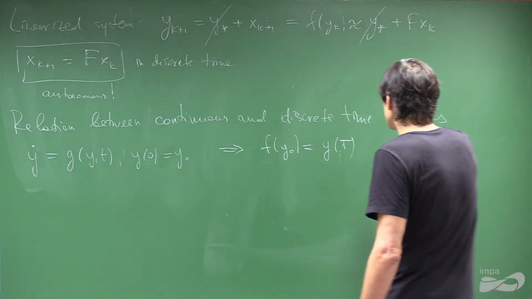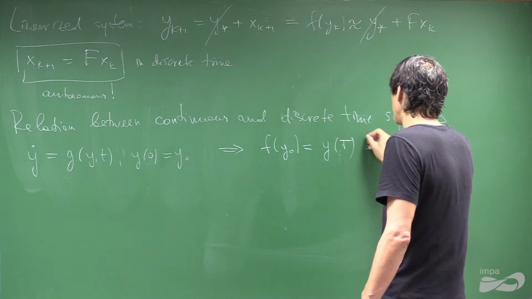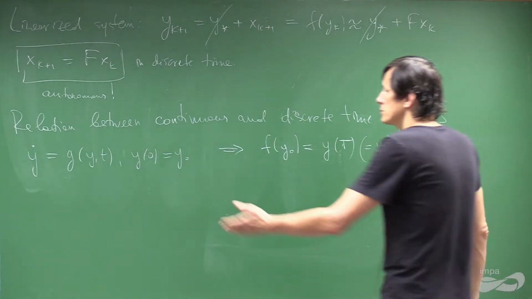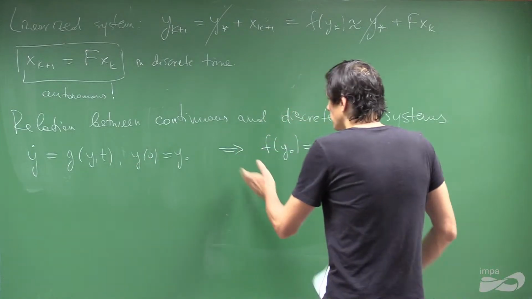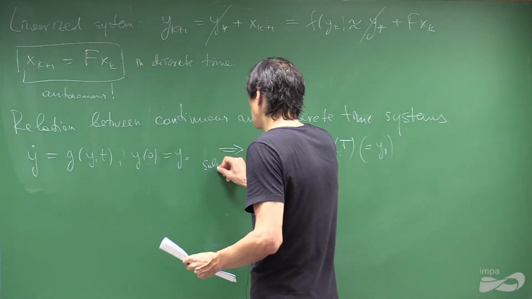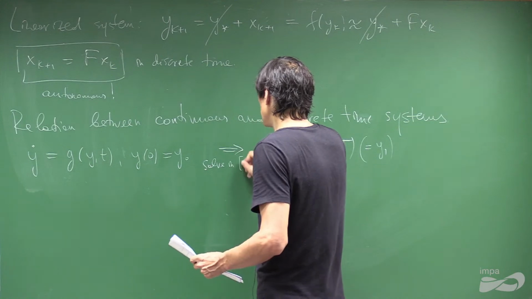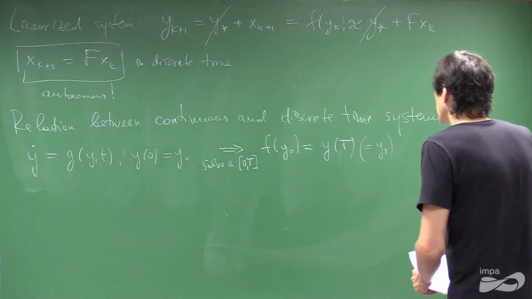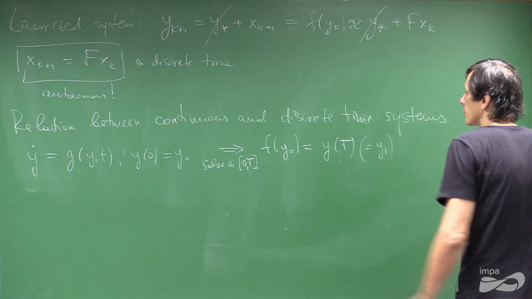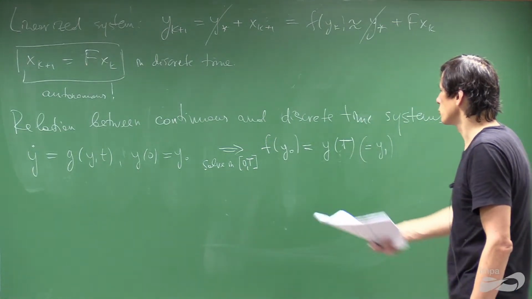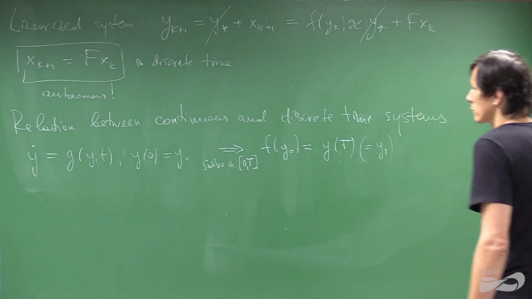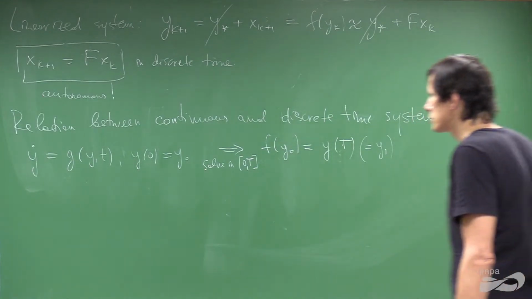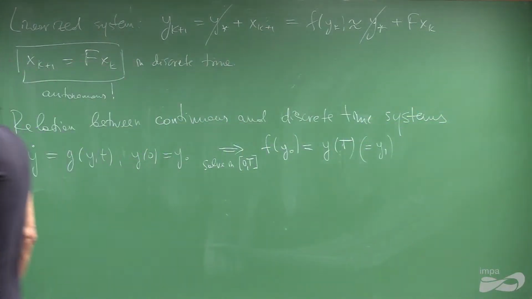Because this is exactly what is y1. So you take the system, you solve in the interval between 0 and the period. So solve in one period, and you get the value which is the value of this function f. So this is how in practice you obtain the discrete time nonlinear system.